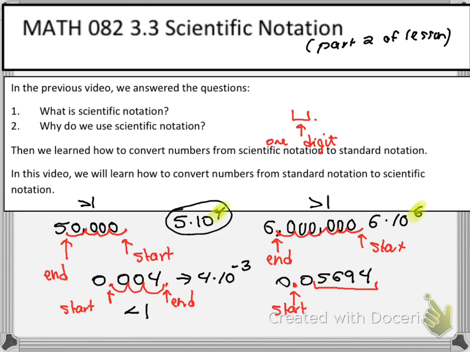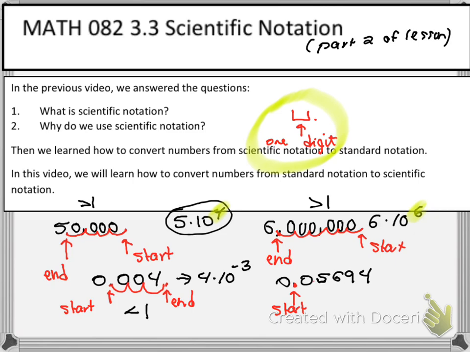And remember, by definition, any number in scientific notation cannot have more than 1 digit in front of the decimal place, or else it's not truly in scientific notation. So where would I have to put this decimal point in order to have only a single digit in front of the decimal point? Think about it and see if you can figure it out.